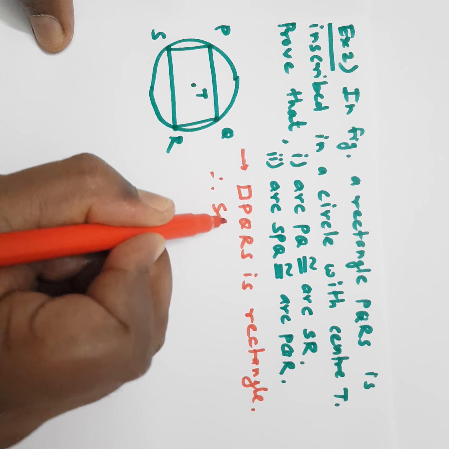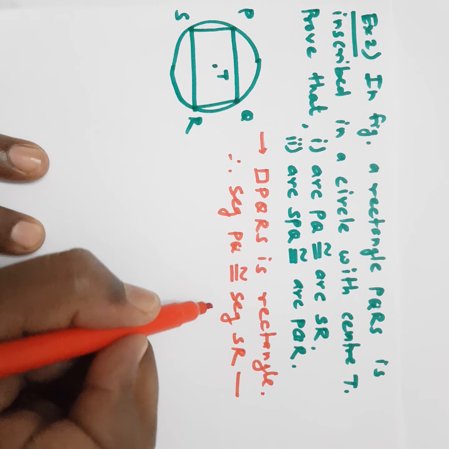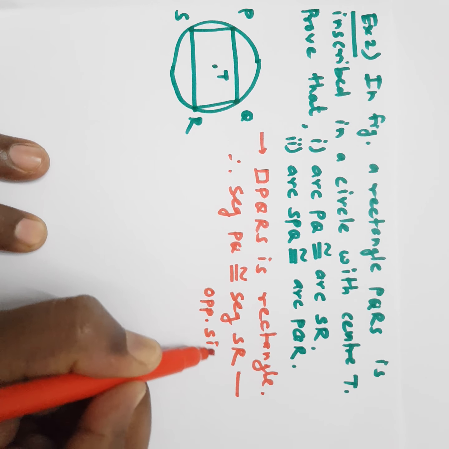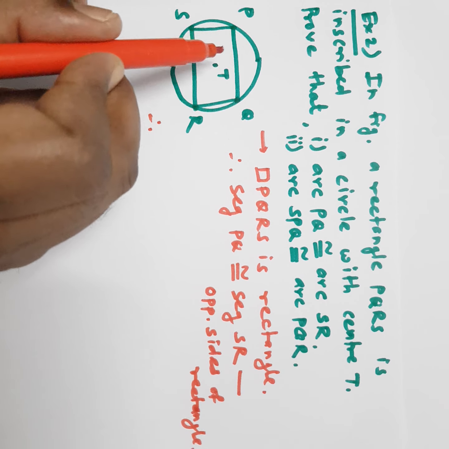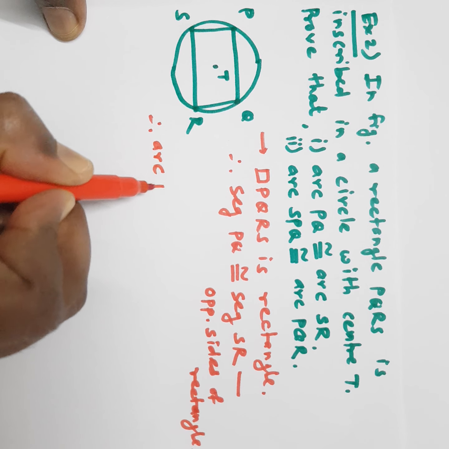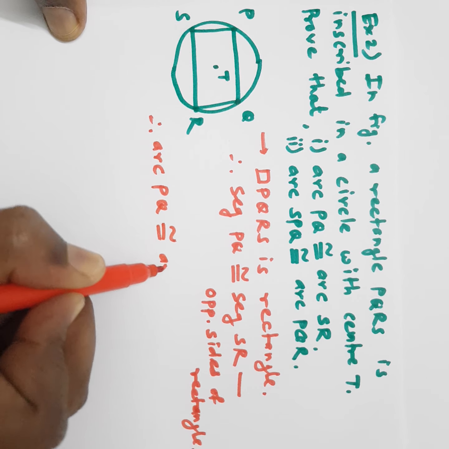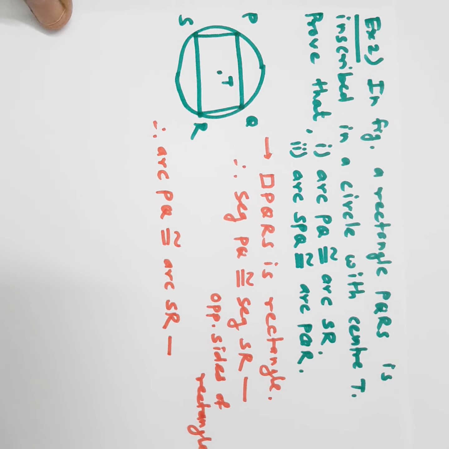Therefore, seg PQ is congruent to seg SR. The reason is opposite sides of a rectangle. Seg PQ is one of the chords, seg SR is also a chord, and therefore arc PQ is congruent to arc SR. Arc PQ and arc SR are congruent.